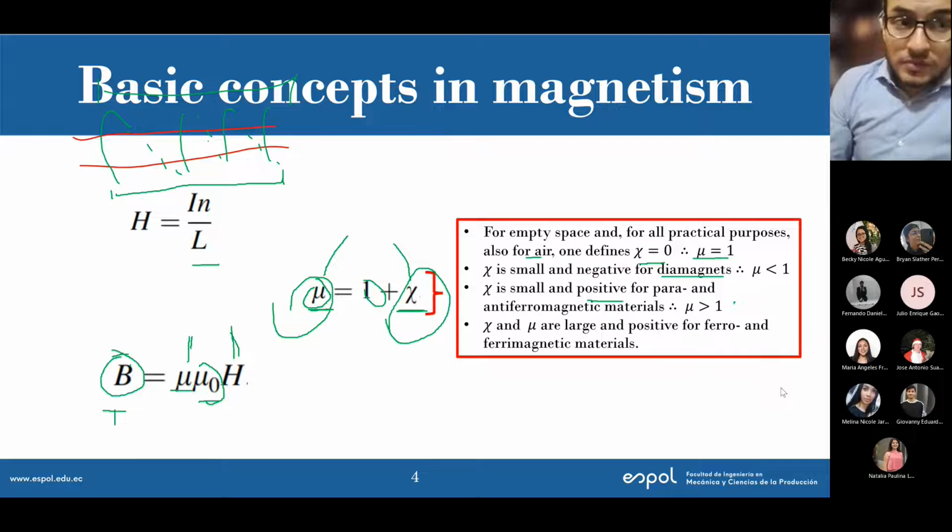And if you consider ferromagnetic materials, the susceptibility depends on the field strength. So basically, for ferromagnetic materials the constants are not only affected by temperature, but also depend on the field strength. Okay.